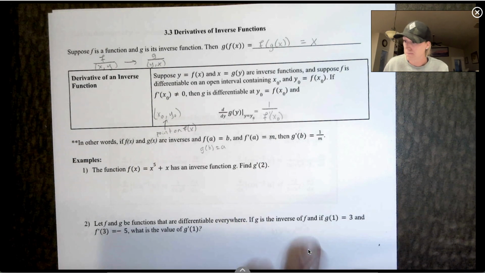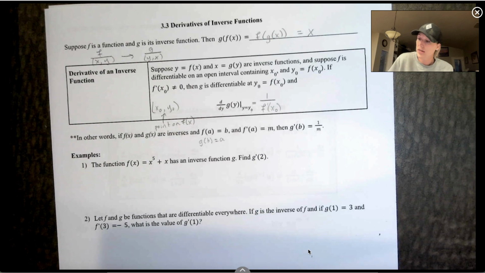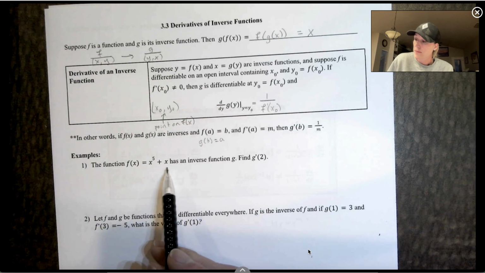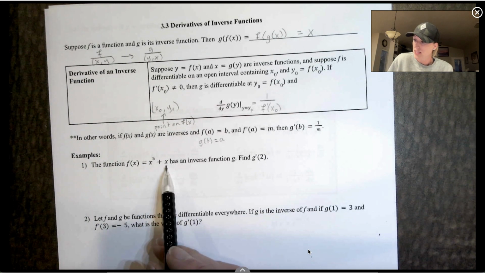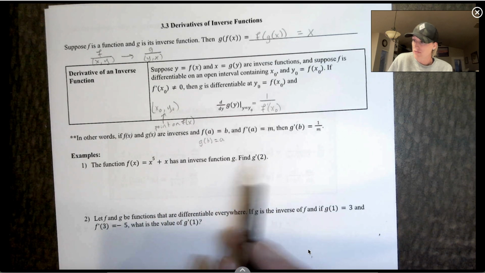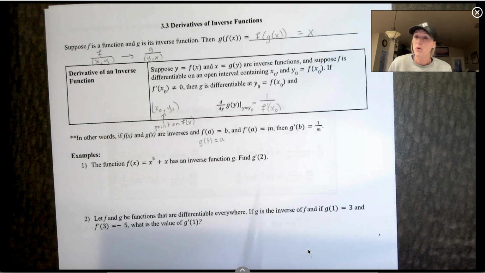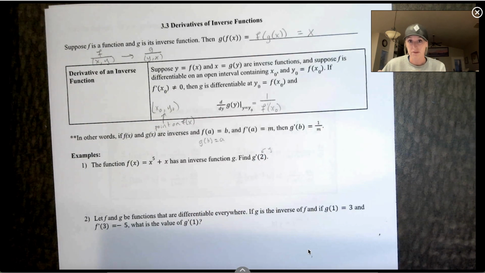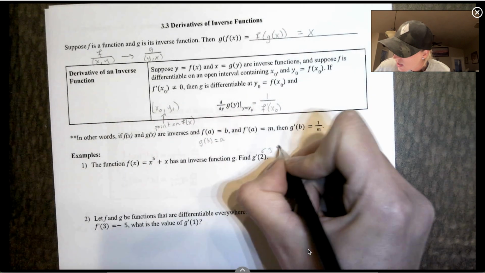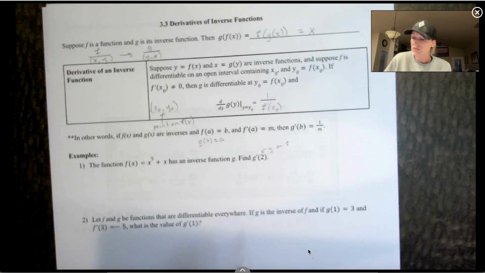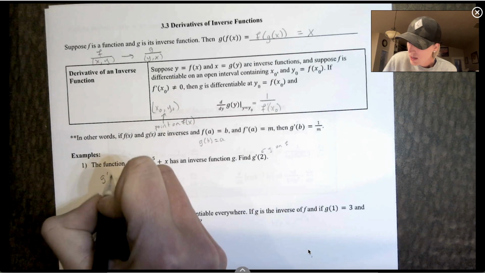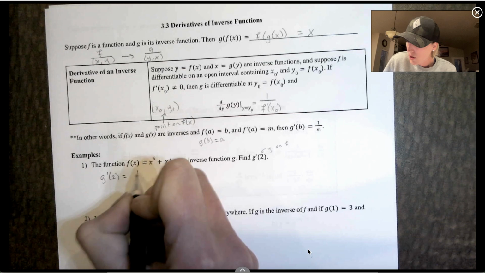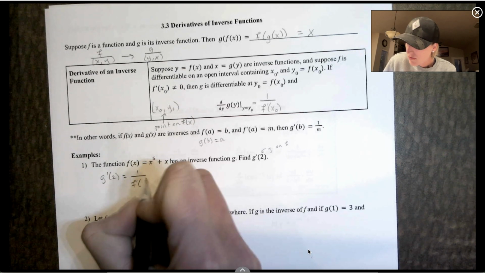So let's try this out. We have this function, x to the fifth plus x, which has an inverse function g. Find g prime of 2. So this 2 is a y value on f. So g prime of 2 is going to be equal to 1 over f prime of some number.